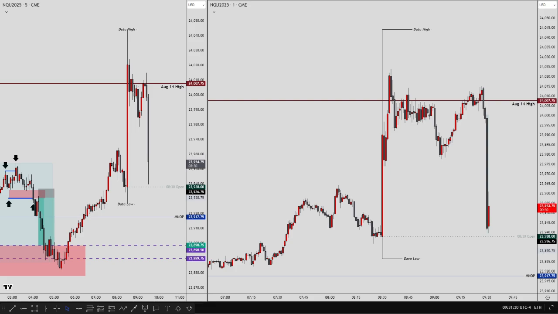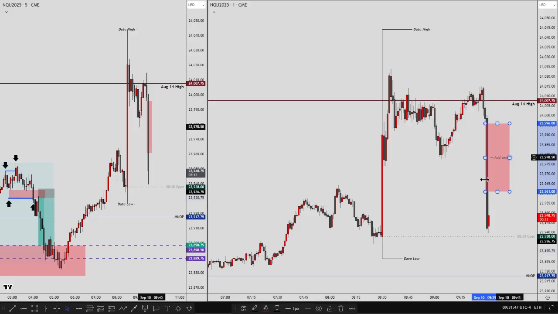Yeah, so the first presented fair value gap would be the 9:30 candle. It hasn't finished forming yet.